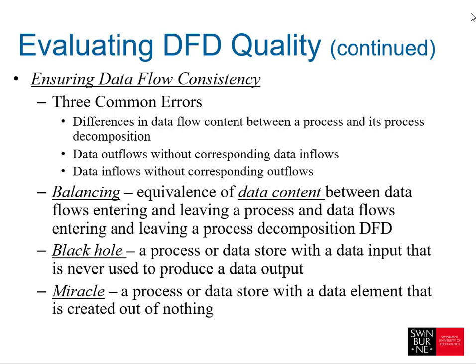There are three common and easily identified consistency errors that we can learn. The first one is differences in data flow content between a process and its process decomposition. We can go through the higher level data flow diagrams, see the contents of the data flows, and compare them with the process decomposition, the lower level diagrams, to see whether we are representing the same logic in these diagrams.